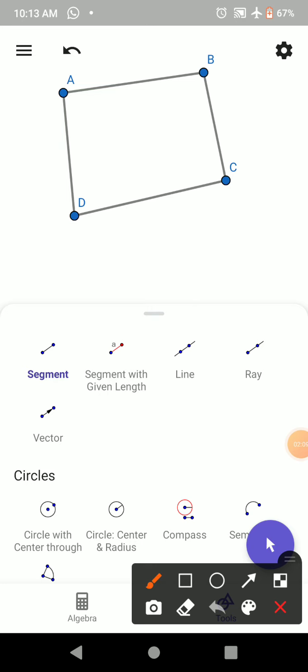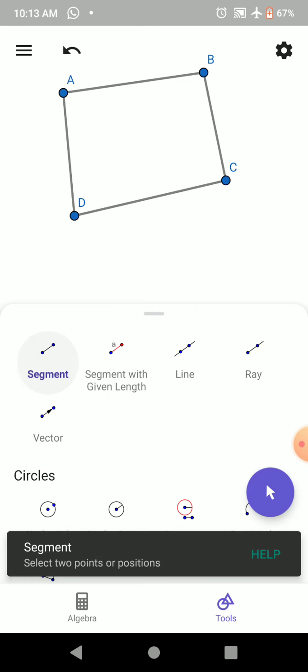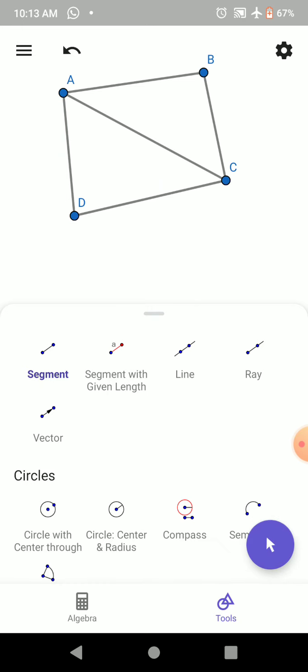If we join point A to the opposite vertex C, this is diagonal AC. And if I join point B and point D, it will form another diagonal BD.